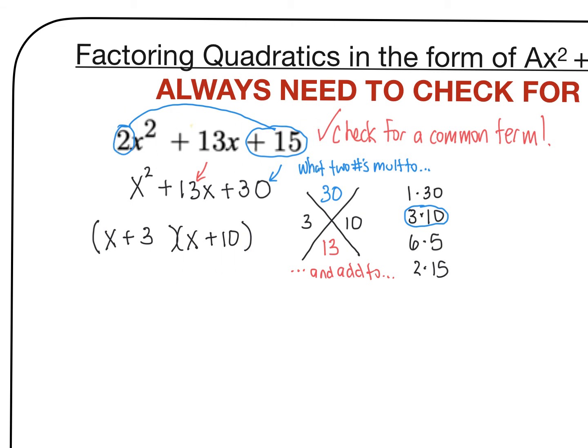So I'm going to take the 2 that we started with and divide it into each one of these and reduce. Now we have to reduce each one of those fractions if we can.